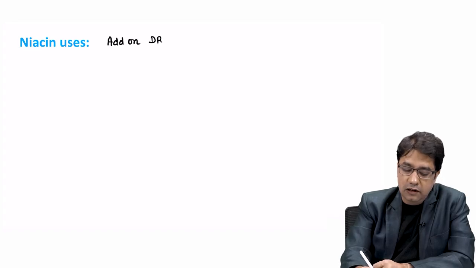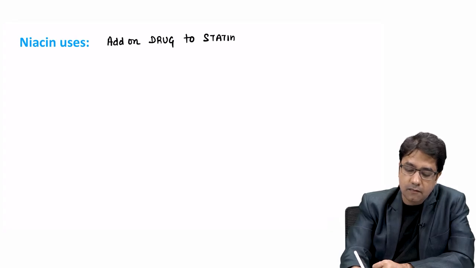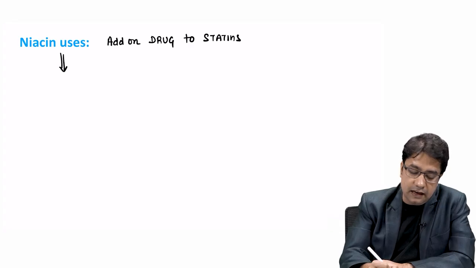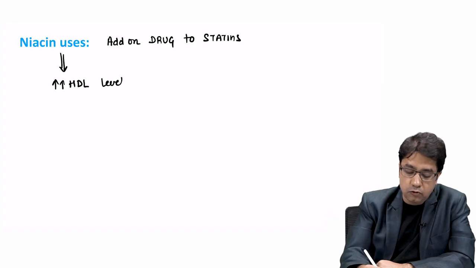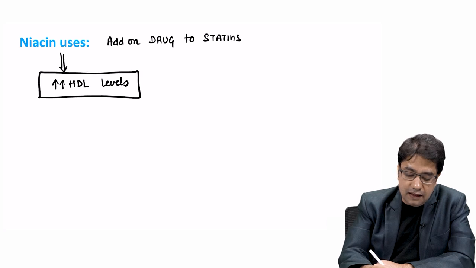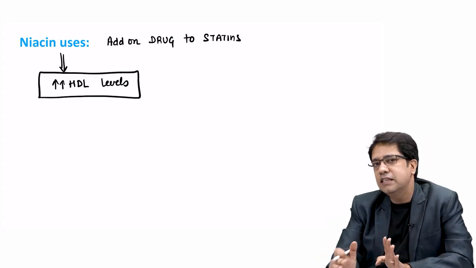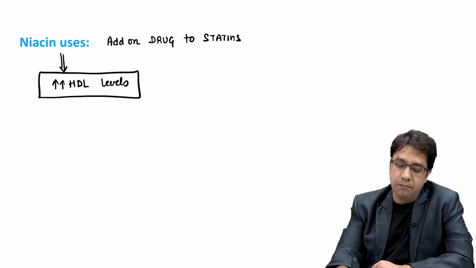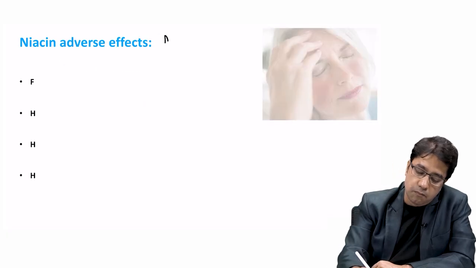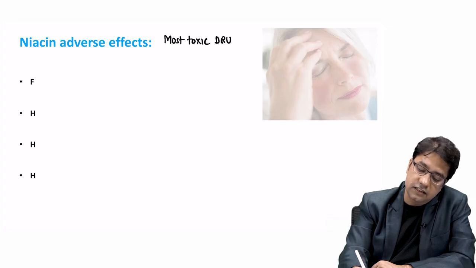Niacin is only used as an add-on drug to statins, and it is mainly given to increase HDL levels. So if you want to increase HDL level, then we give niacin as an add-on drug to statins. Otherwise, we never start niacin in our patient because niacin is the most toxic drug we have. In such a high dose, it is a very dangerous drug.